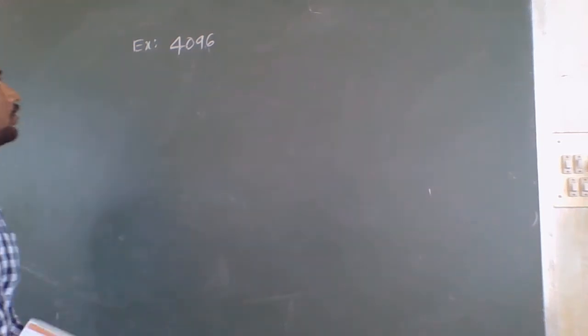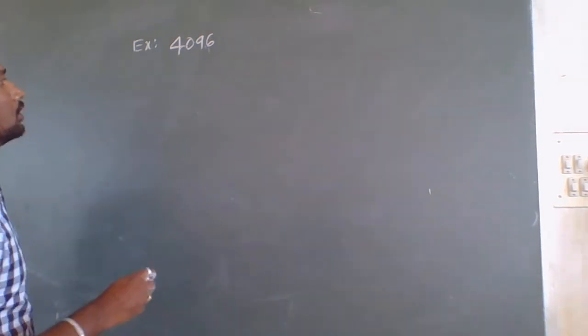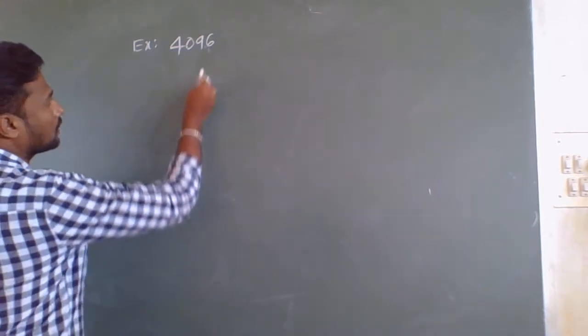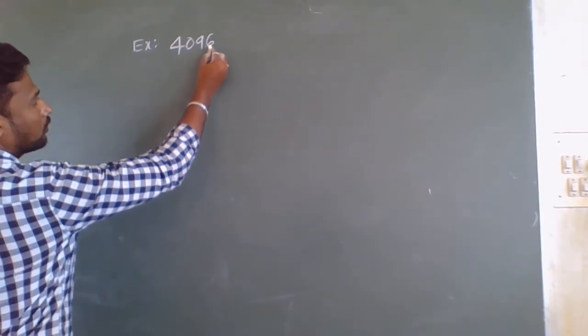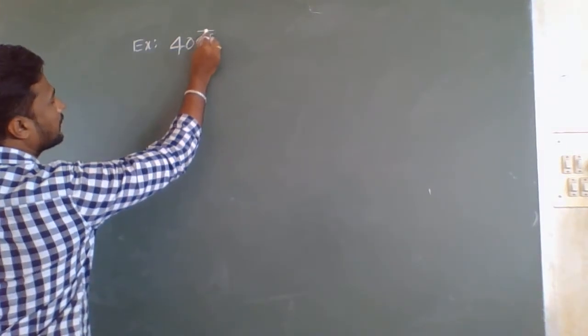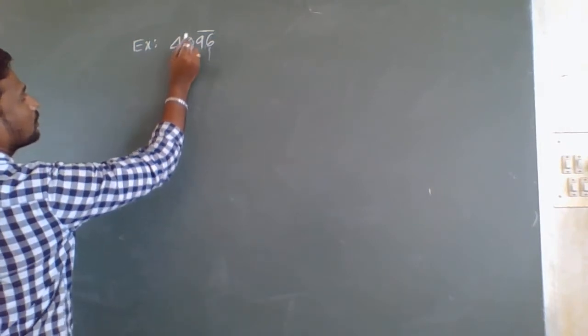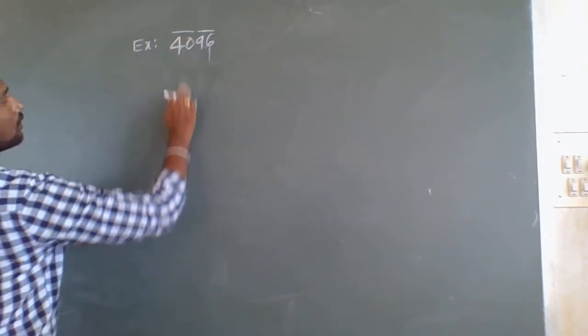So now again we will start to make groups of two numbers. How to make groups? We will start with the ones place or units place. At the ones place, what is the number? 6 is there. So we will consider first 96. This is the first group. Next group is 40.